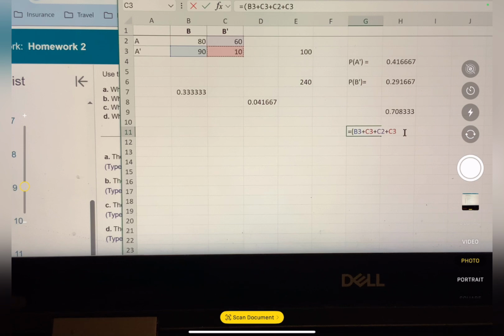You can't use the duplicate. So I'm going to do minus C3, this 10. Closing parenthesis. I just put minus C3 to make it crystal clear for you. You cannot have a duplicate. If it's duplicating, you have to take one off, right? And divide it by 240. Now we will get the proper answer.